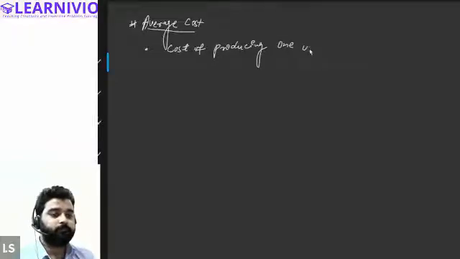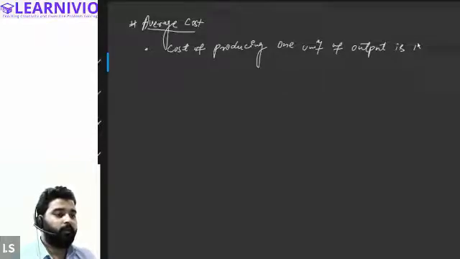Average cost. See, cost of producing one unit of output is called average cost.